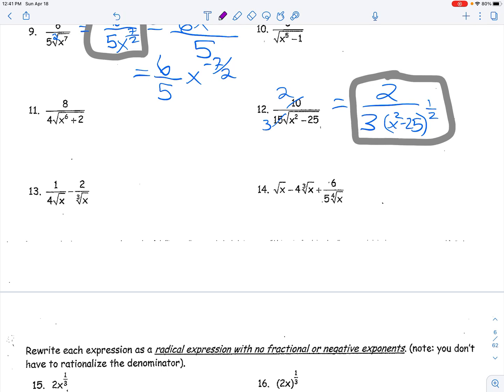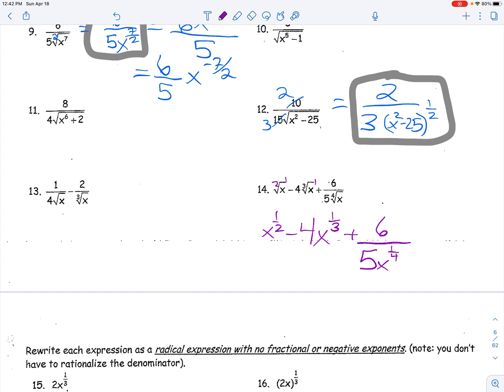Just go ahead and follow the directions here. Square root of x, second root of x to the first, is x to the 1/2 minus 4 times cube root of x. It's x to the 1/3, minus 4x to the power of 1/3. Plus now 6 over 5 times the 4th root of x, and that's going to be 5x to the 1/4 power.